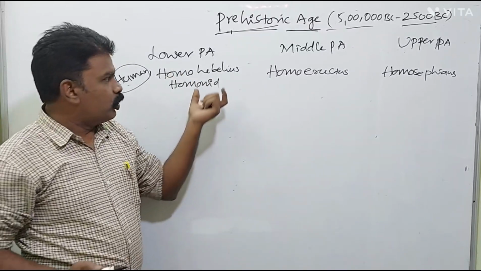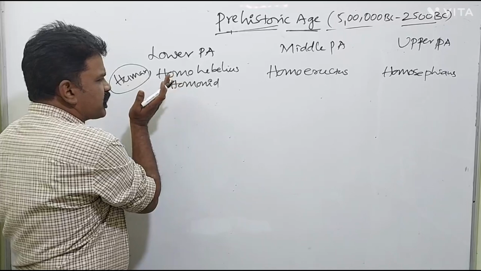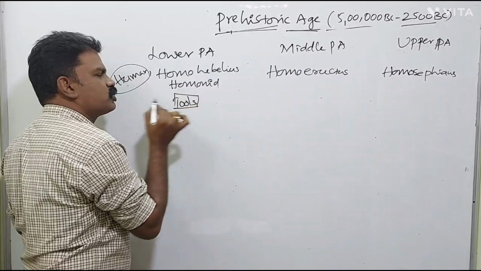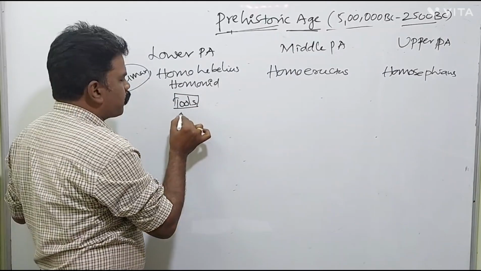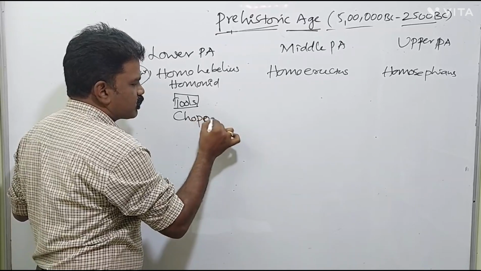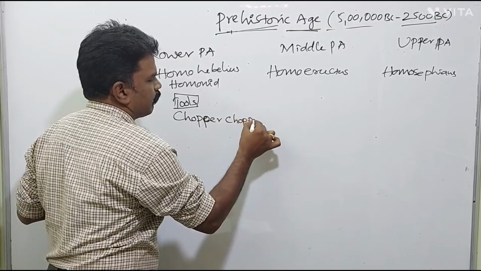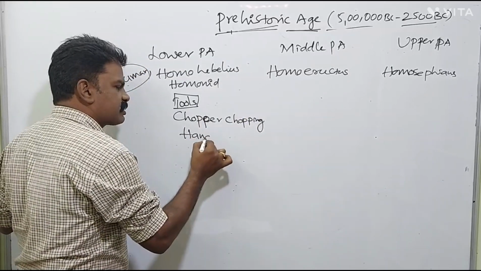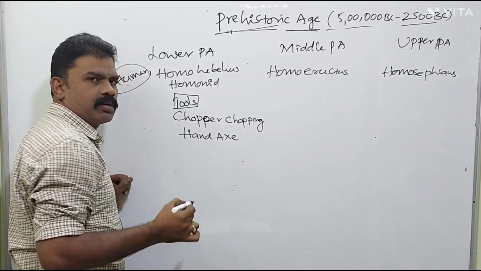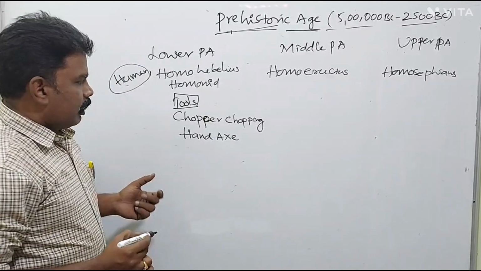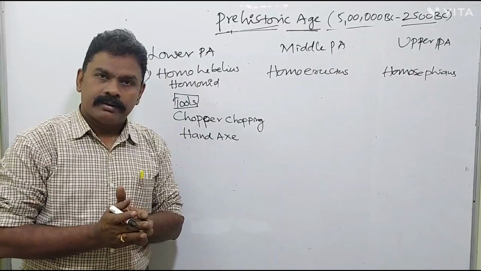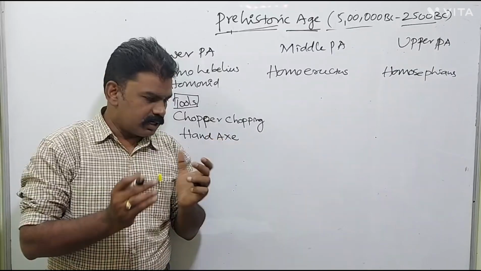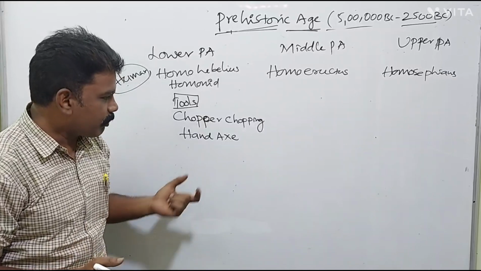During the last stage of Homo habilis, he started to use tools. That is called chopping technology. In this chopping technology, he used the hand axe. While we are mixing epics with the Paleolithic age, according to some historians, Parshurama might have lived in this age.